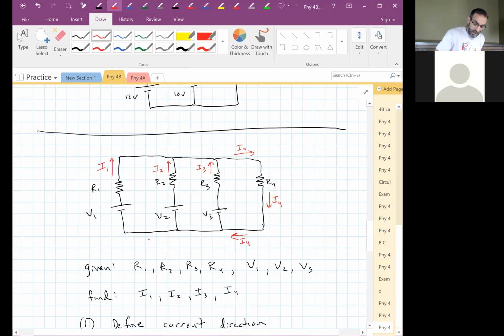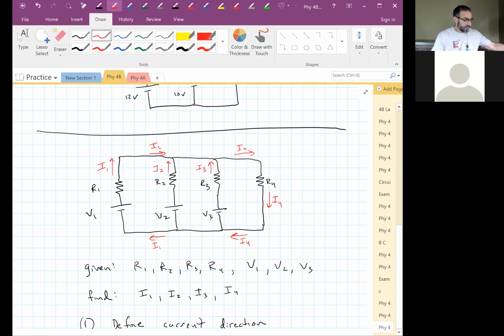And the same with I1. This over here has to be I1, and this over here is also I1, right? There are no junctions anywhere in there. If that helps you a little bit, go ahead and draw it like that. Okay, that's the first step.